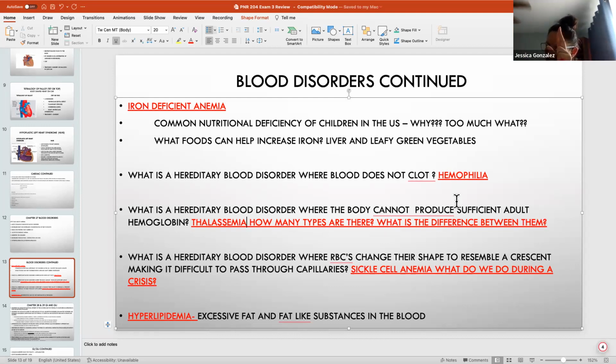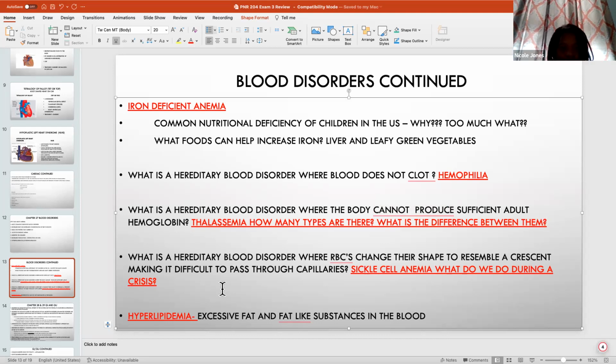If they only have the gene from one parent, it's the minor. And if they inherit it from both parents, then it's the major or Cooley's. But the main thing that you need to know about the thalassemia is they don't produce sufficient adult hemoglobin. They just don't produce enough hemoglobin.